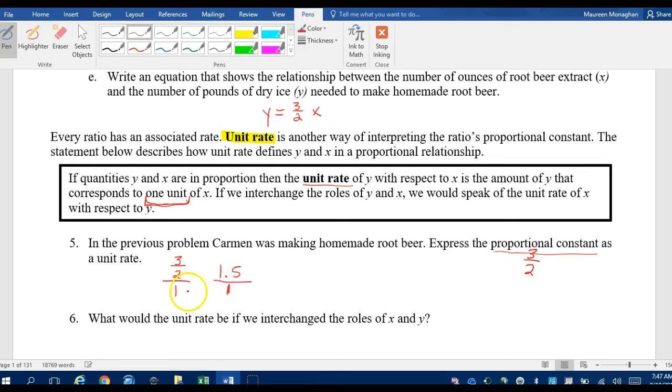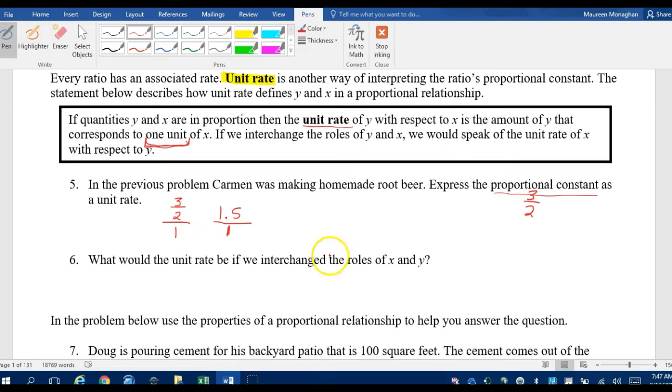That has to be the unit rate, because you always have to have 1 in the denominator. What would the unit rate be if we interchanged the roles of x and y? If we interchanged them, which we did, we did root beer to dry ice, and it was 2/3. The unit rate would be 2/3 to 1, so you would need 2/3 of an ounce of root beer extract for every 1 pound of dry ice.